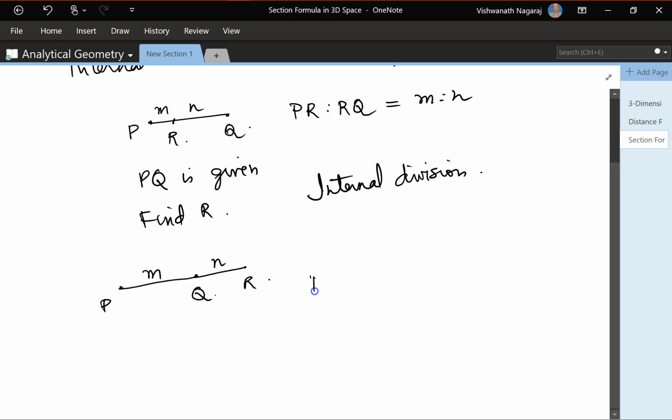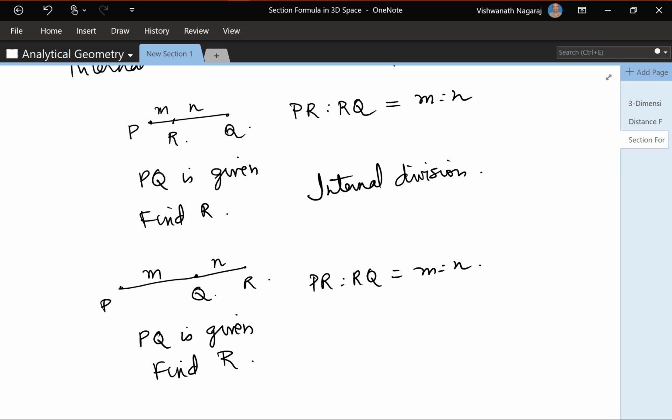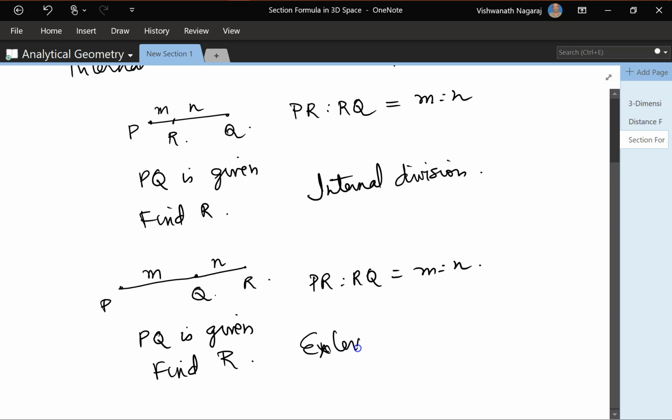So here also PR is to RQ should be equal to m is to n. Here also PQ is given and we have to find R. But as you can see, the position of R itself is outside PQ. So this is called external division.